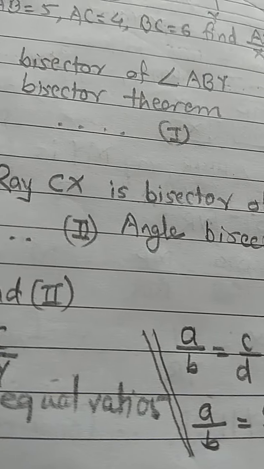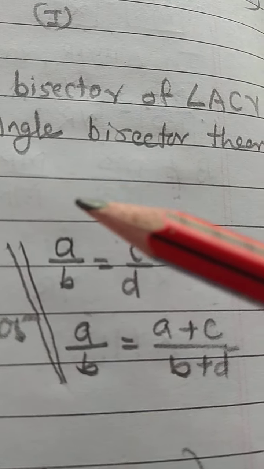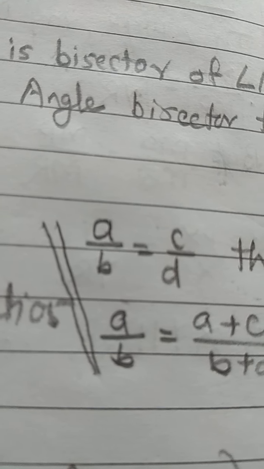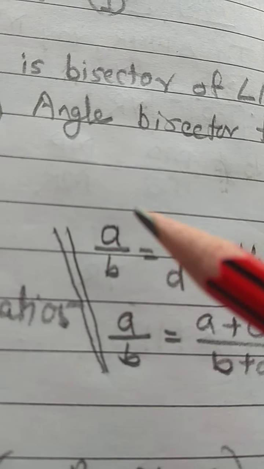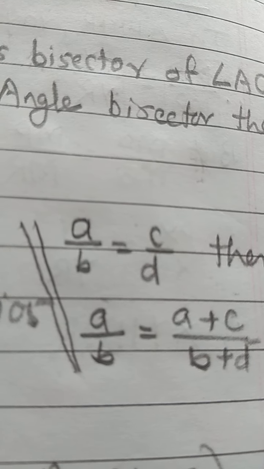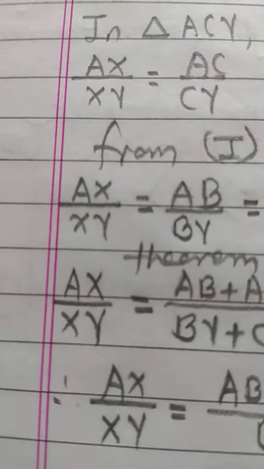Now, we have already learned that if A upon B equal to C upon D, then by theorem on equal ratios, we can write each ratio as A plus C upon B plus D. So we will use same property here.